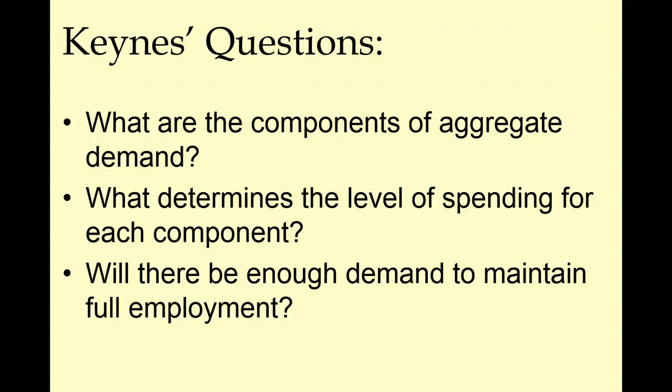So the questions he was asking is, what are the components of demand? That's another way of saying, what are the different sources of demand? And then what determines the spending level for each of those sources of demand? And then finally, will there be enough demand to maintain enough output to put everyone to work?